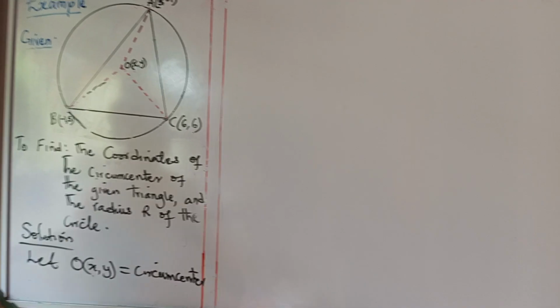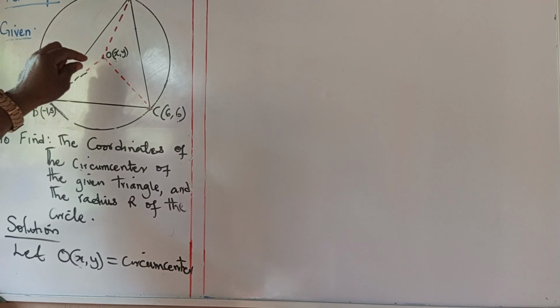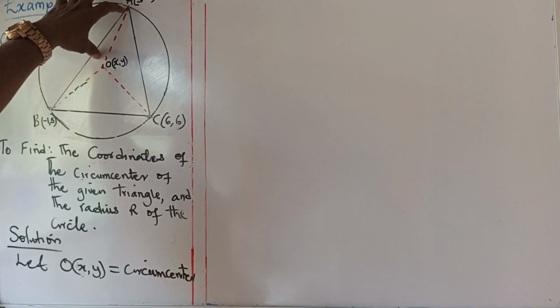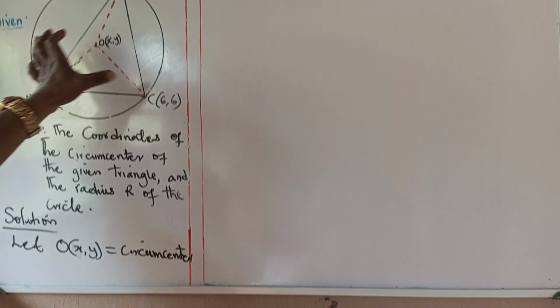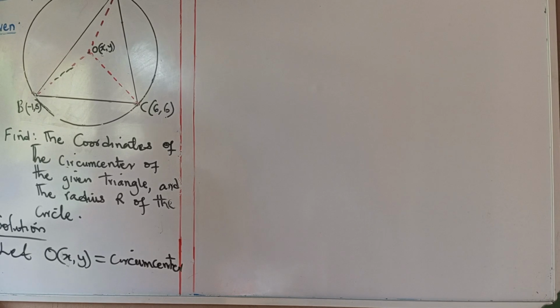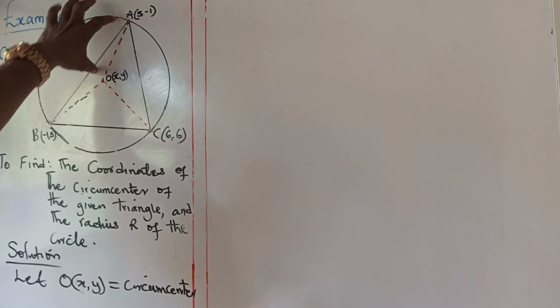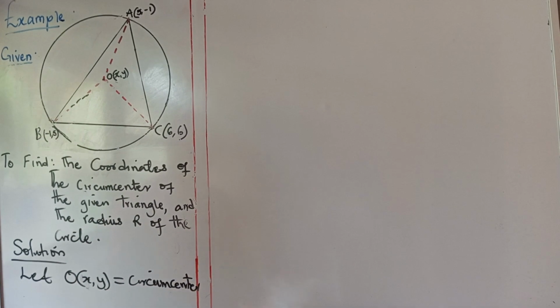If O is the circumcenter, we need to remember that because O is assumed to be the center of this circle, it means that OA is a radius of this circle, which is equal to OB and also equal to OC. So to find the circumcenter, we want to equate the distances OA and OB, and also equate OB to OC.